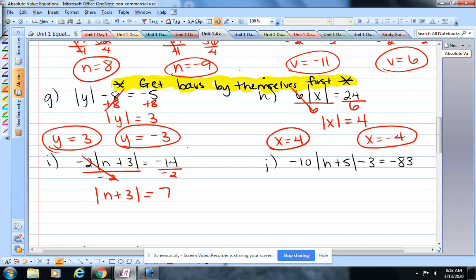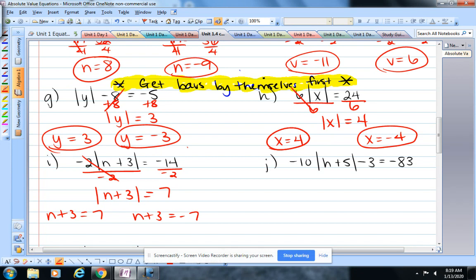All right. Not done yet, right? So now my bars are by themselves. So what can I do? Yeah, make 2 equations. Split it in 2. Right? So now I can say n plus 3 equals what? 7. And n plus 3 equals -7.